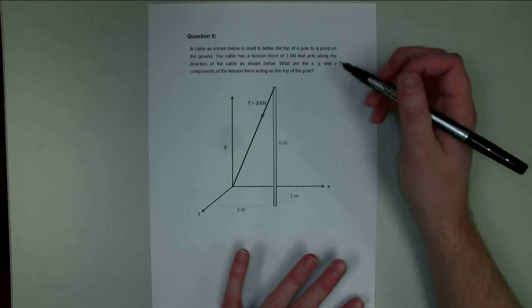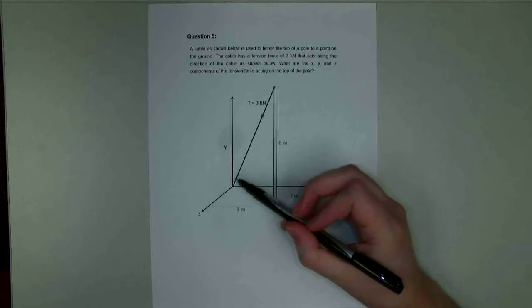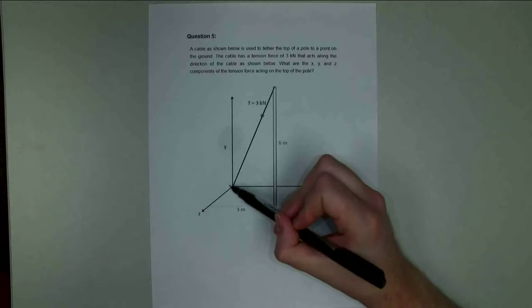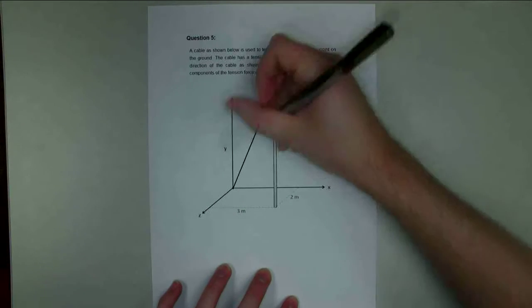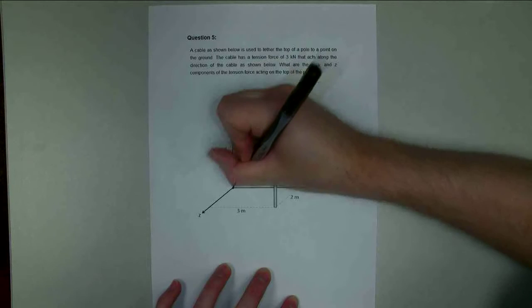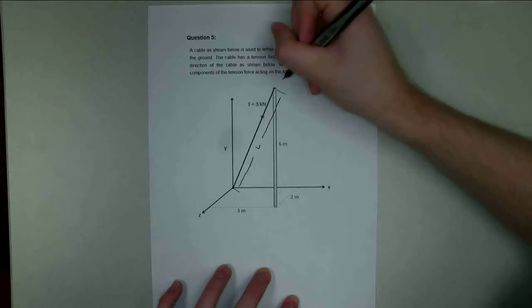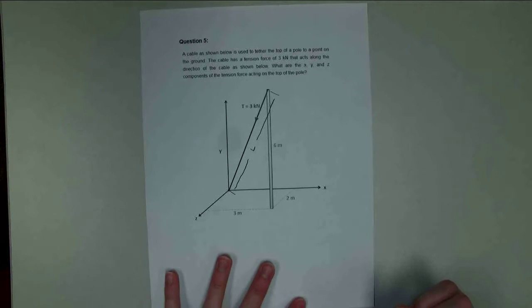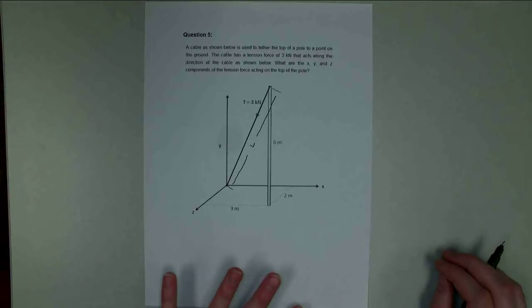And so step one in finding all these ratios is we need to find the length of this cable. So I need to find the distance from the origin point up to the top of the pole, and that is going to be my length. And so my length, I'm going to use the 3D version of the Pythagorean theorem.